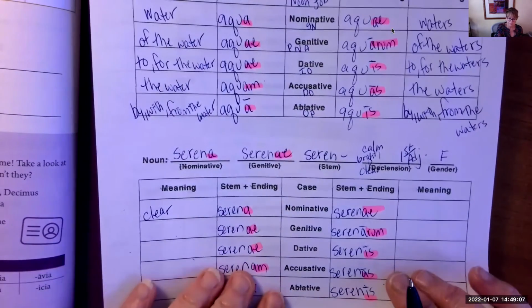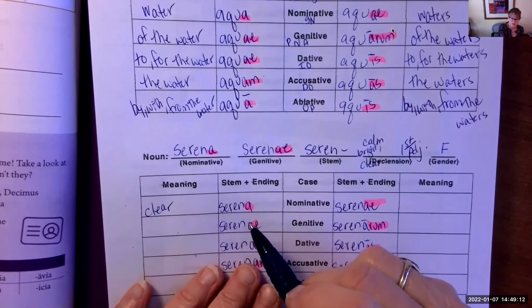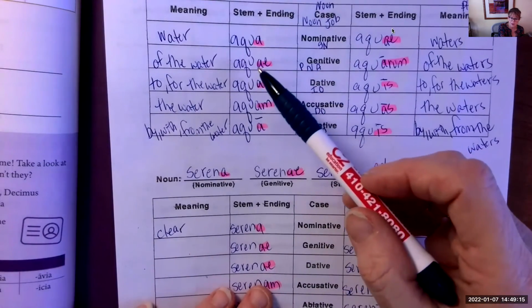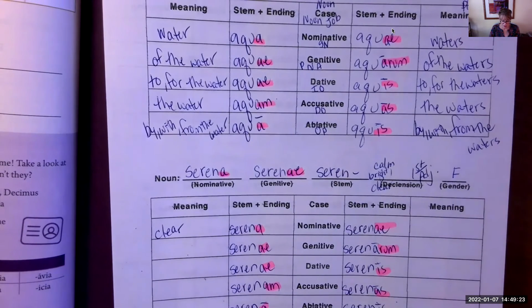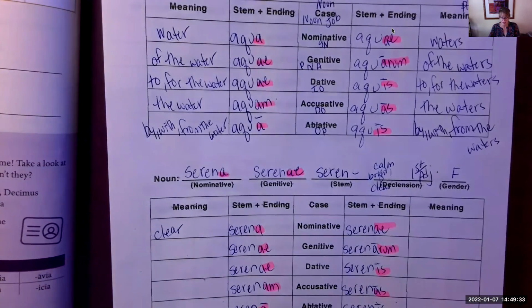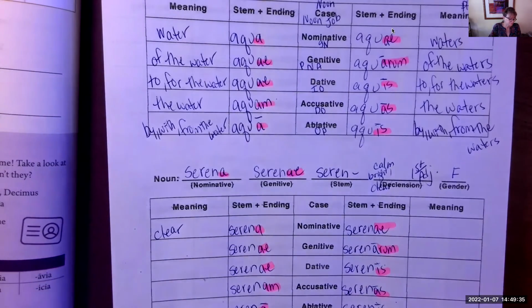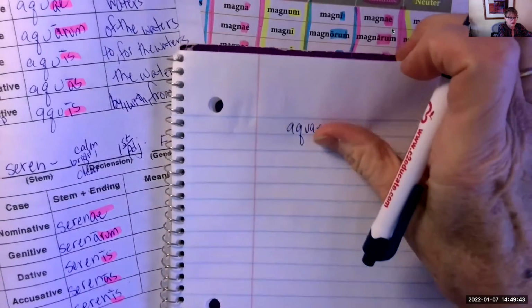But I want to show you something. Serena, aqua. Adjectives match the noun they're describing in gender and number and case. So if we're going to decline a noun like these two, in a sentence, we want to see what these look like in a sentence. This is what it's going to look like. You would say aqua, just like this one, right?